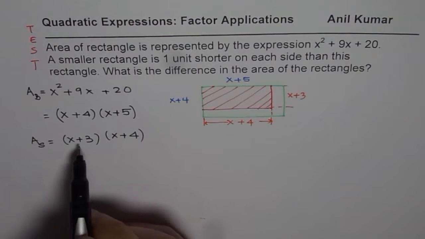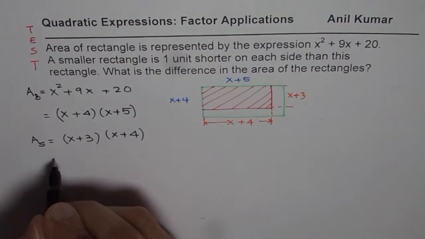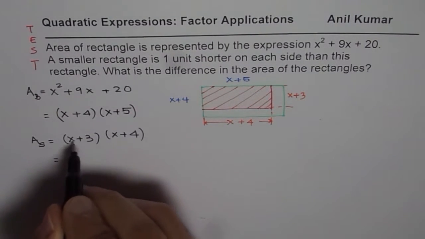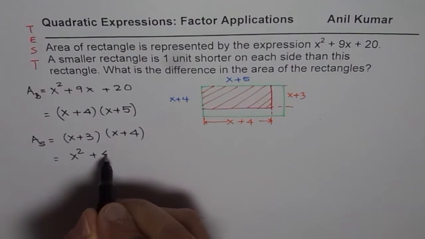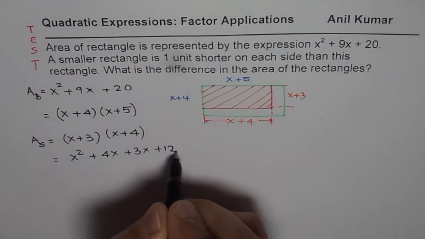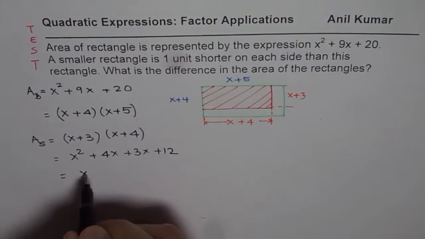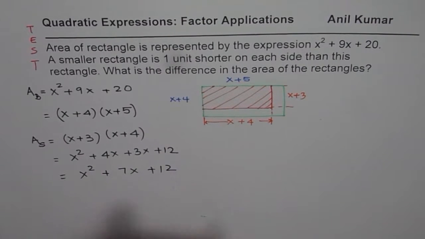Now once we know this, we can expand and get an expression. x times x is x squared, x times 4 is 4x, plus 3x plus 12. This could be combined to write as x squared plus 7x plus 12.